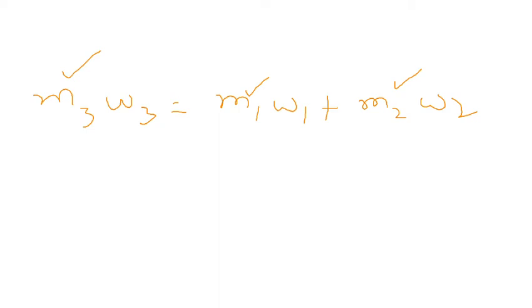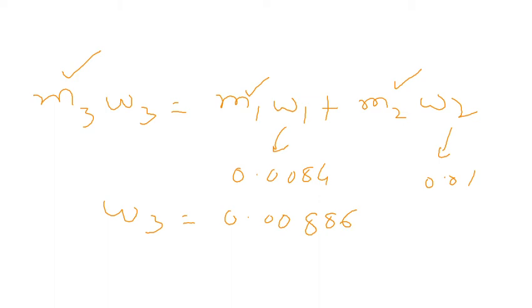So putting the values of omega 1 we had obtained directly from the tables, which is 0.0084, and omega 2 was obtained directly as 0.01. So from this you get the value of omega 3. So pause the video, find out the value, and you'll find that the value comes to be around 0.0886 kgs of water vapor per kg of dry air.